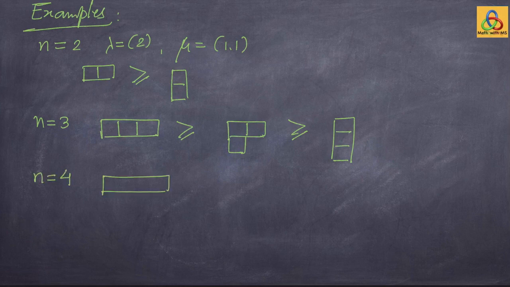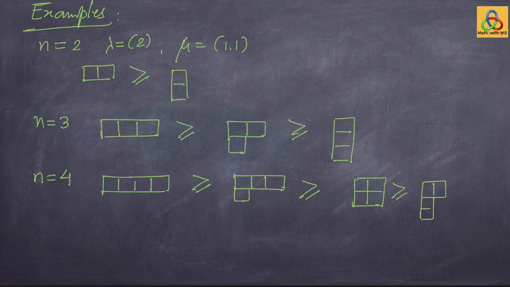Let us look at n equals 4. So, look at this partition of 4, which is just 4. This is bigger than or equal to this partition of 4. This is bigger than or equal to this partition of 4. This is bigger than or equal to this partition of 4, and this is bigger than or equal to the partition 1 1 1 1.